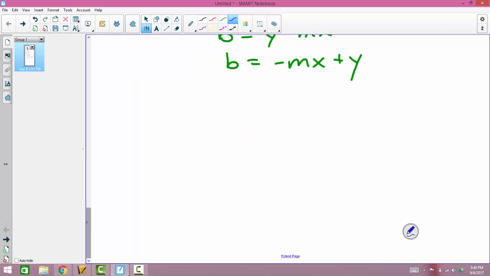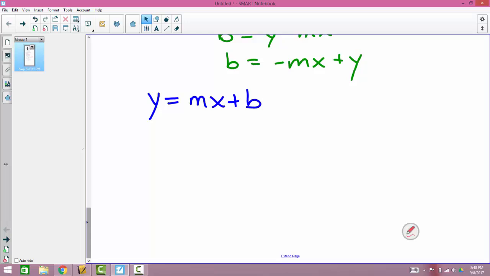Back to y equals mx plus b. Let's solve for m. Go ahead and pause, see if you can get the m alone. Hopefully your first step to undo order of operations was to subtract b.